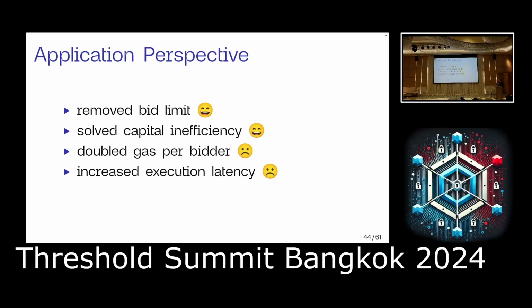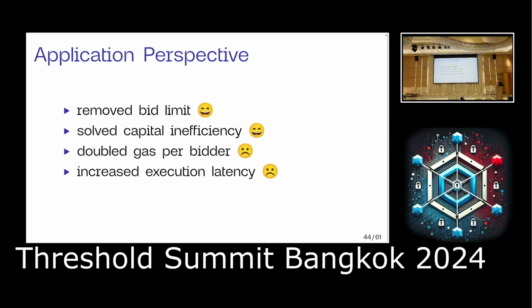We've also made it much more capital efficient because your capital is never really locked, because the transaction happens atomically. Well, it can be locked if you win the auction, even temporarily. However, we've still doubled the gas cost per bidder in the SMC case. In the VDF case, it's slightly equal, despite the fact that we do one less transaction.